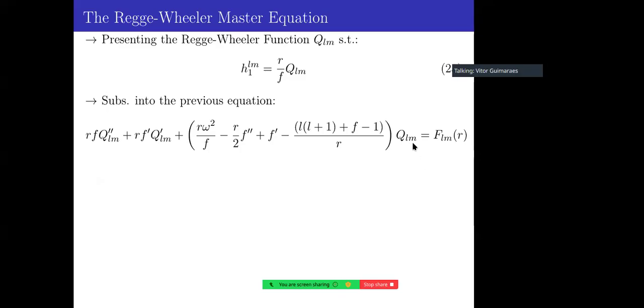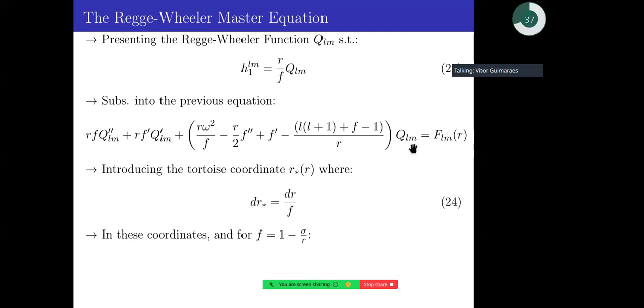So to clarify what this expression really is, let's introduce a coordinate transformation. Our theory is completely invariant under coordinate transformations, so let's do one. Now we're going to present the famous and most loved tortoise coordinates.